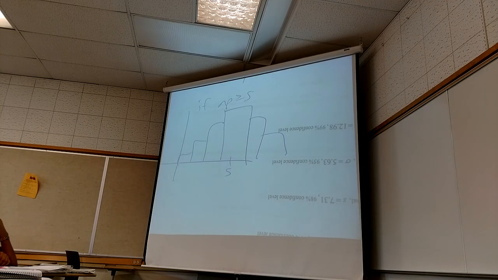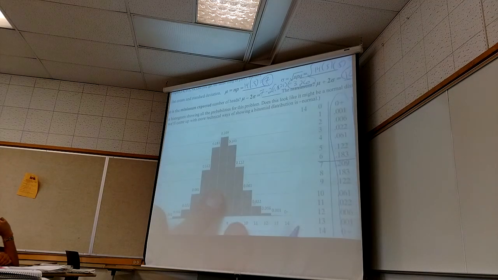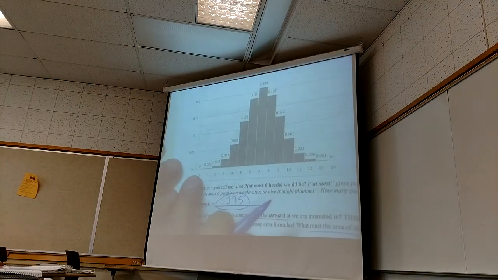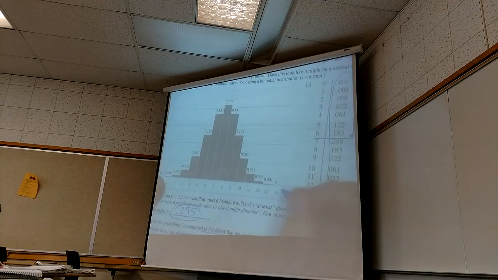Why is that 0 wall there? Because this is a binomial thing. What's the least you could have? 0. So I have to pull it far enough away from the wall so it can go up and come back down. Now, there is another wall. Where would the other wall be for this problem? The least number of heads I could have is 0. The most, there's another wall right there.